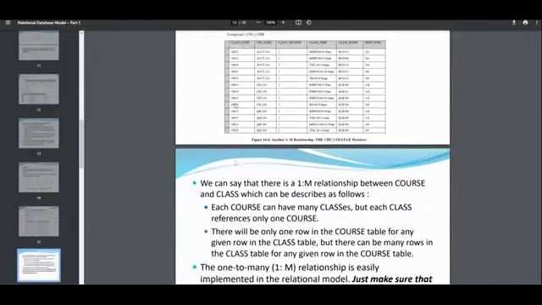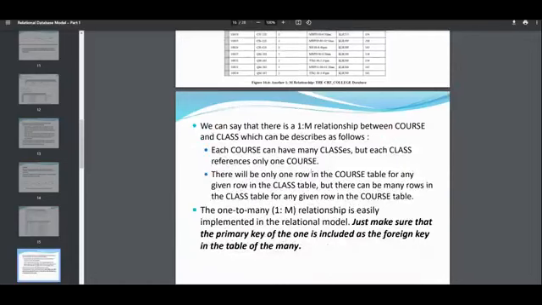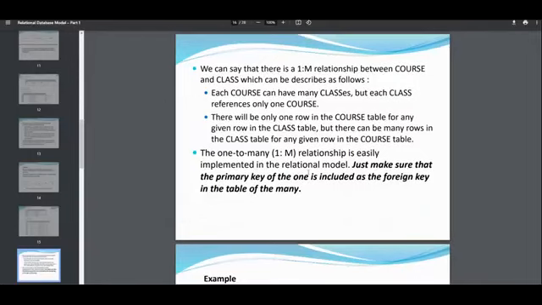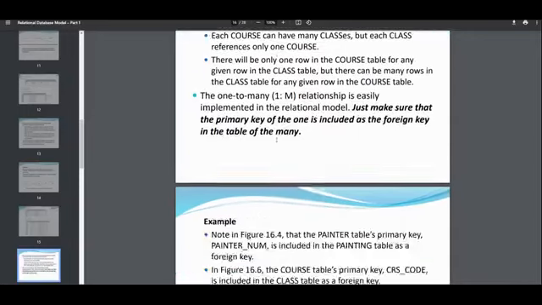So we can understand this concept by going through the tables, the given examples. I hope you can understand these things.